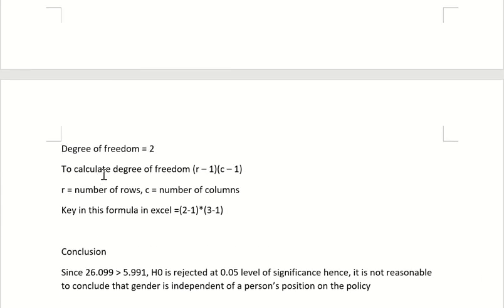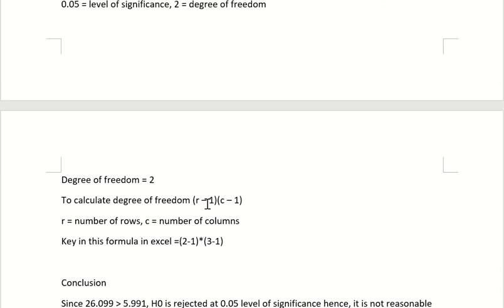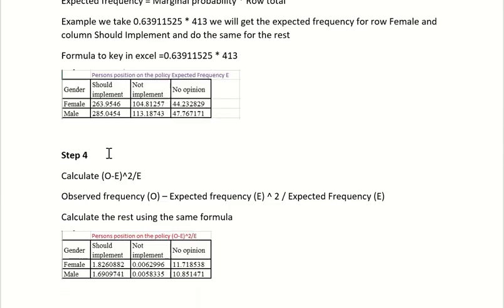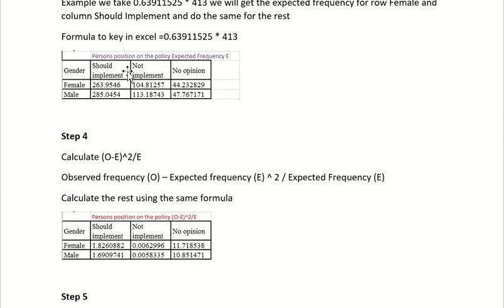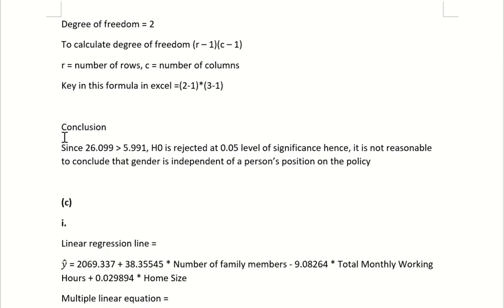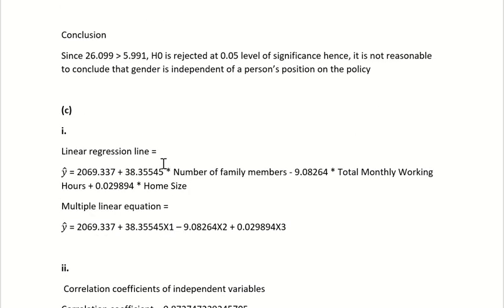The degree of freedom is r minus 1 times c minus 1, with r being the number of rows and c being the number of columns. In this particular question, the rows is 2, as you can see here, 1, 2, and there are 3 columns. And then to conclude, since the test statistic is greater than the critical value, H0 is rejected.